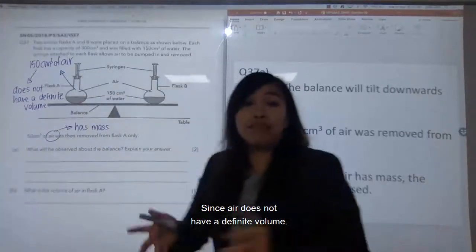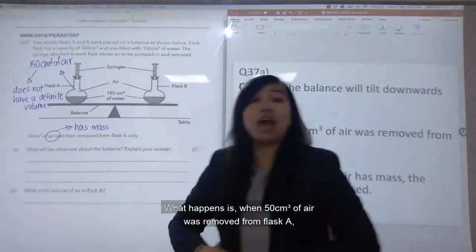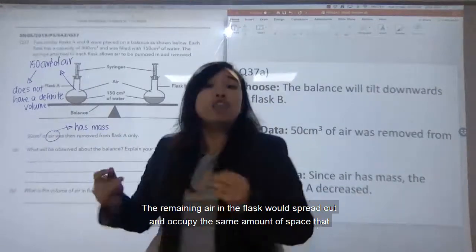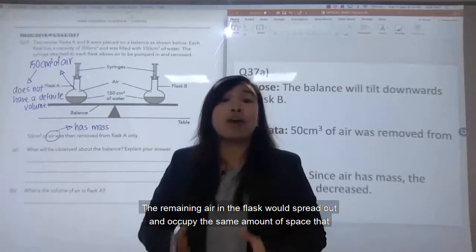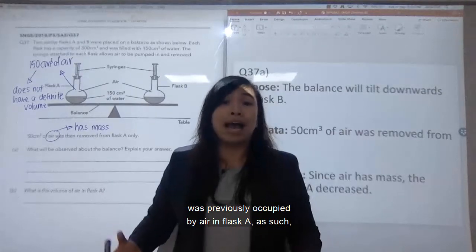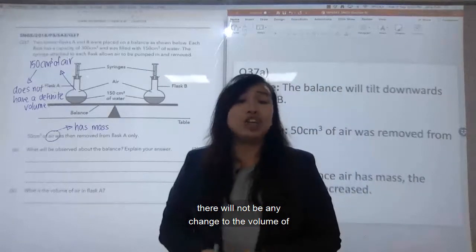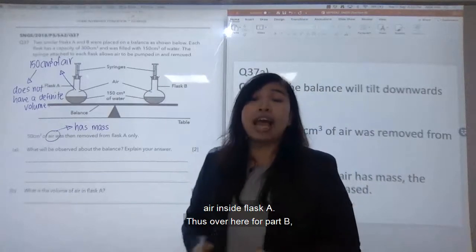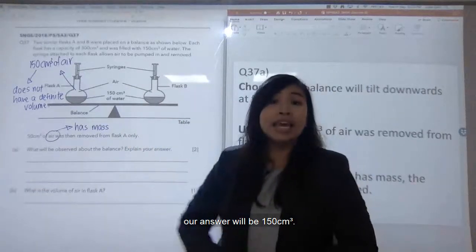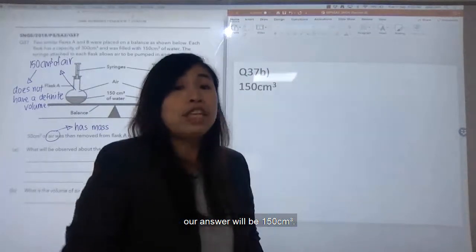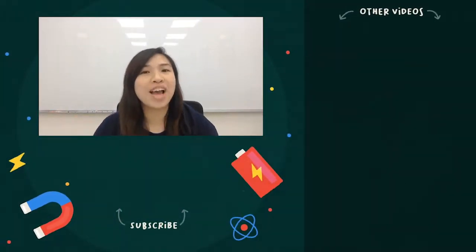Since air does not have a definite volume, when 50 cm cube of air was removed from flask A, the remaining air in the flask would spread out and occupy the same amount of space that was previously occupied by air in flask A. As such, there will not be any change to the volume of air inside flask A. Thus, over here for part B, our answer will be 150 cm cube.